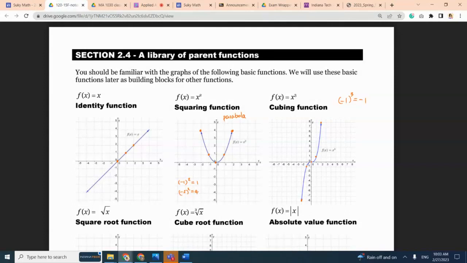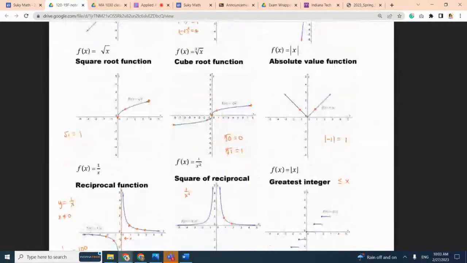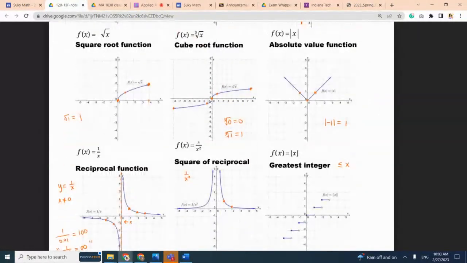Line, like that. Right, that's line. And then square, like a U shape, right? And cubic function, one hand up, one hand down, right? And square root. For square root, we only have this side.